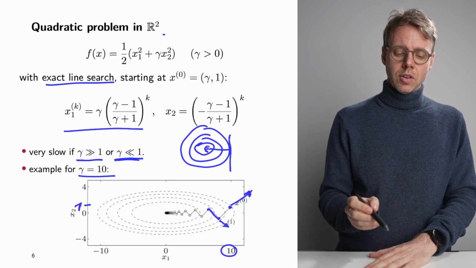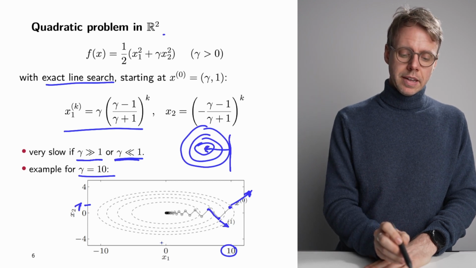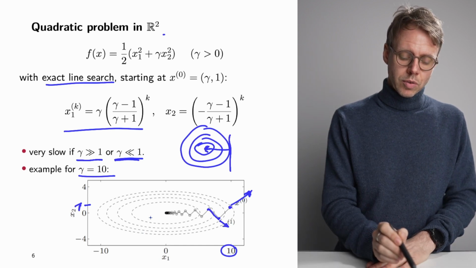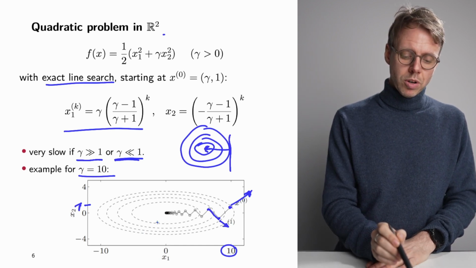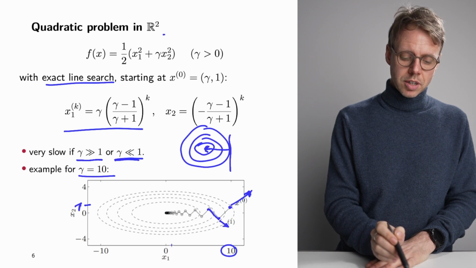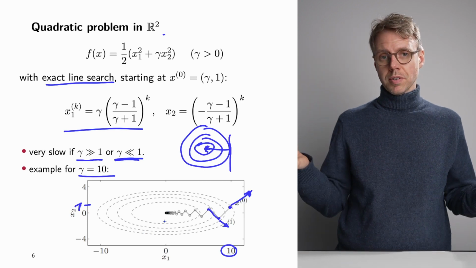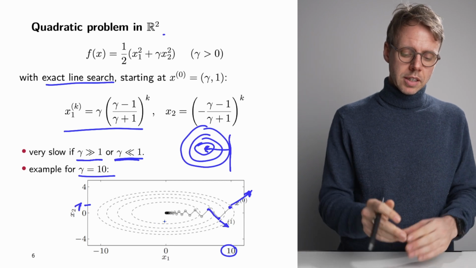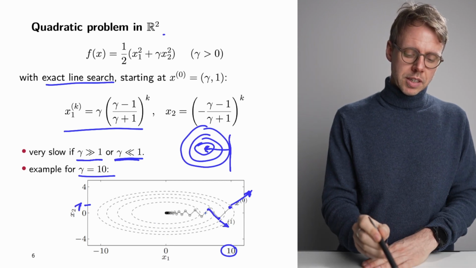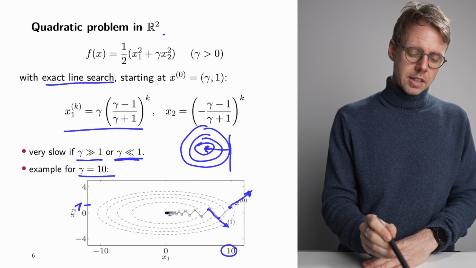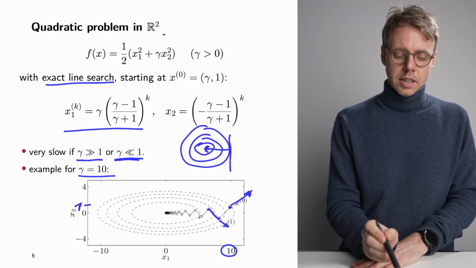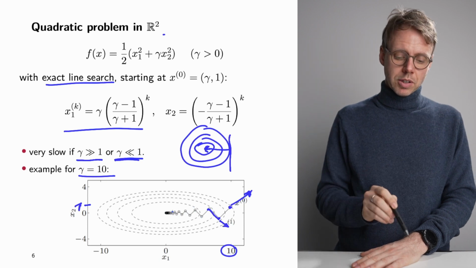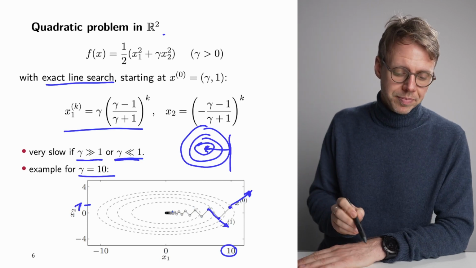But for a gamma that is very small or very large, so very close to 0 or a very large positive number, you get these skewed ellipses. And there you see that, as in the example, the iterates would jump around and fluctuate a lot.